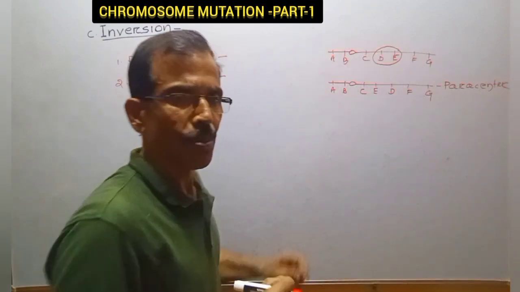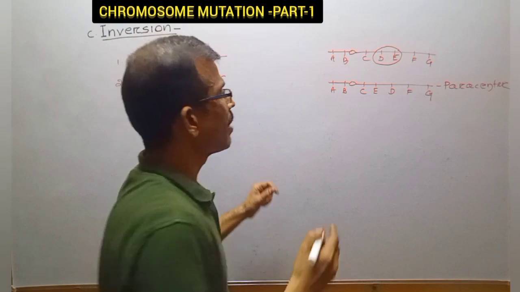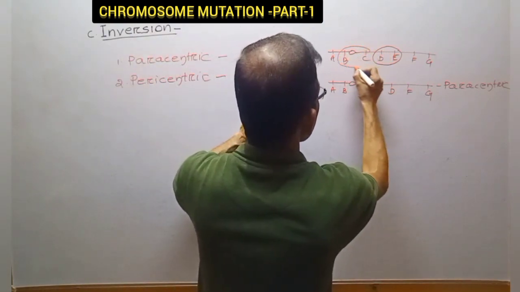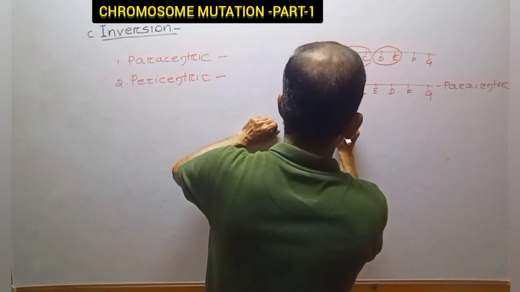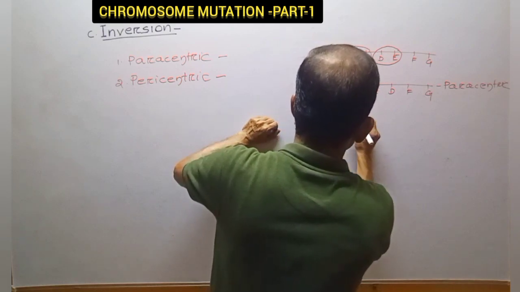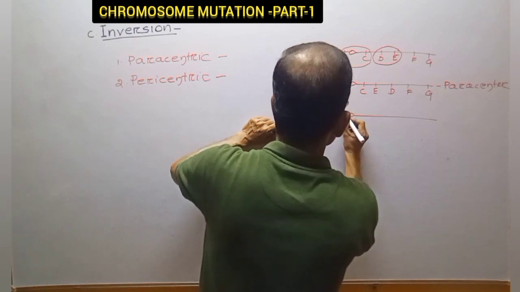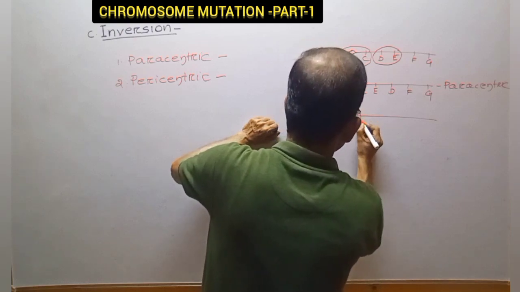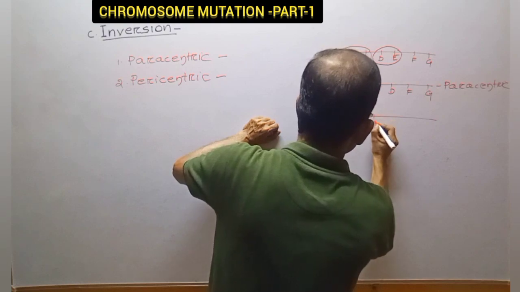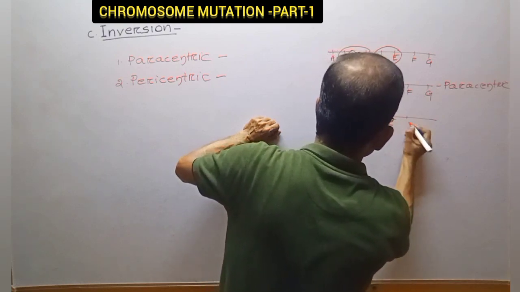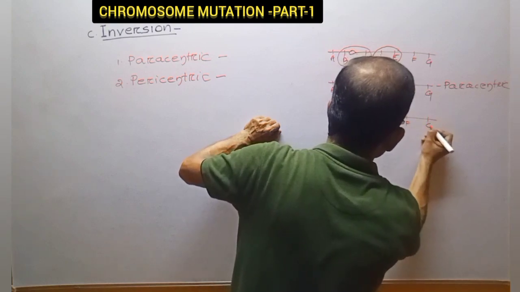But when the centromere is included, for example, the segment BC is inverted, then the resulting chromosome will be like this. So in this case, the sequence will be A, C and then B, then it is normal DE and FG.